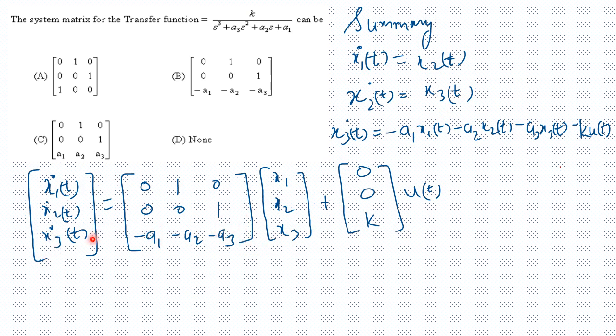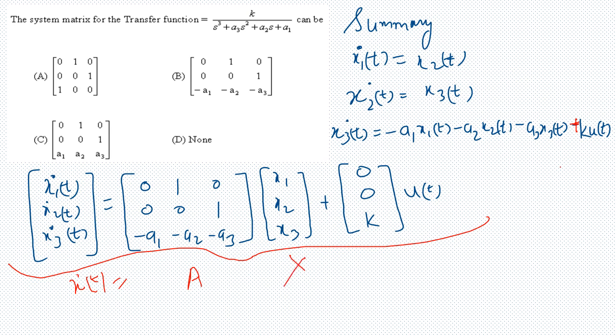Similarly x3 dot of t is dependent on x1 of t by a factor minus a1, minus a2 for x2 of t, and minus a3 for x3 of t. Also it is dependent on the input, so it is plus k u of t. So what you get here is your state space equation, where this is x dot of t, this is A, this is x, this is B, and this is u.